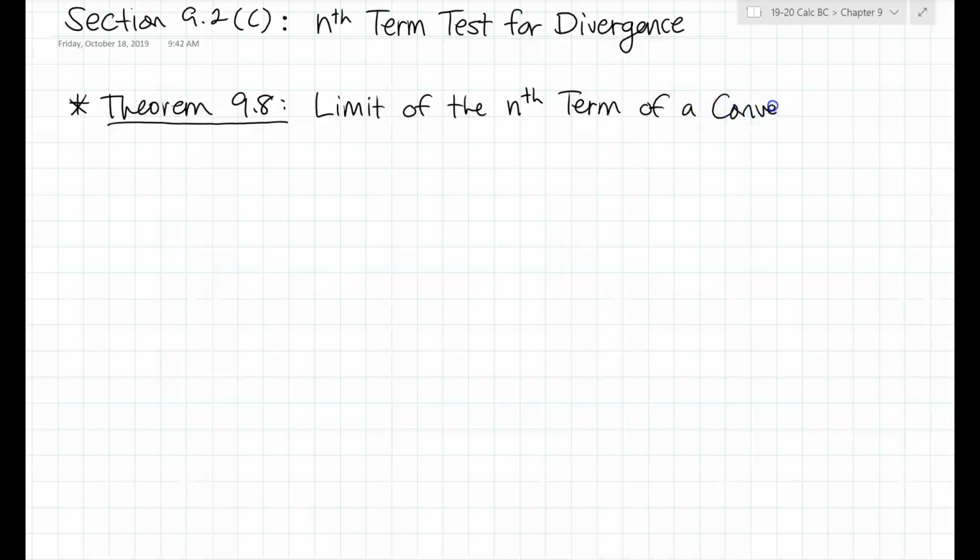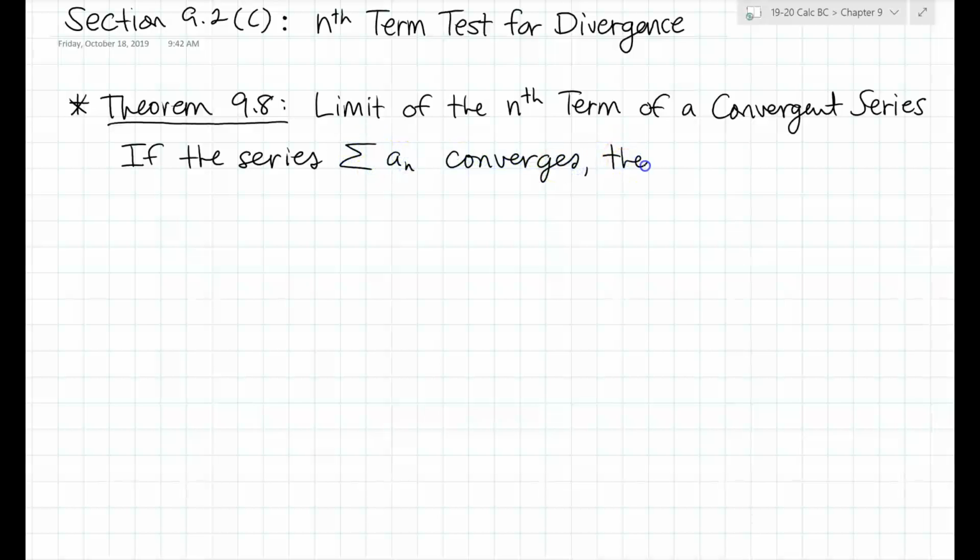It says if the series, the sum of a sub n, converges, then the sequence a sub n converges to 0.